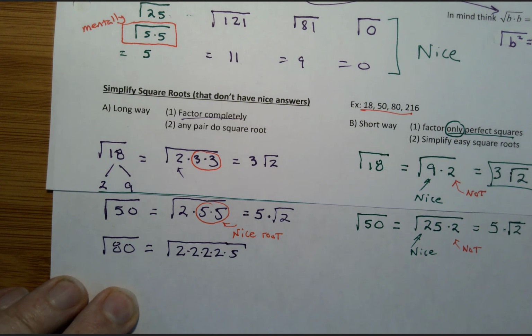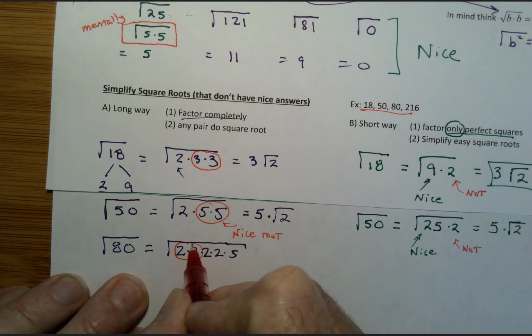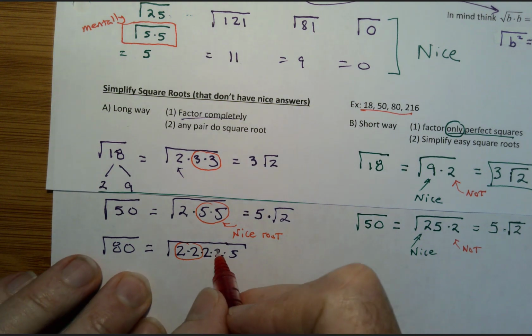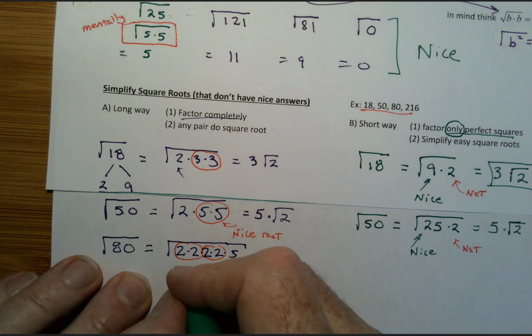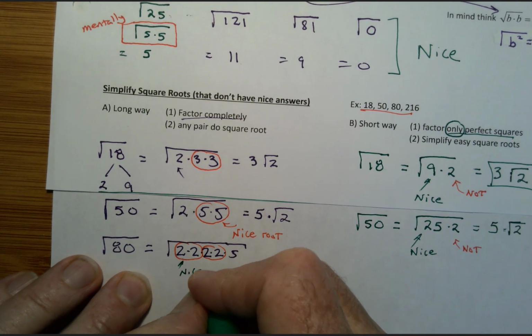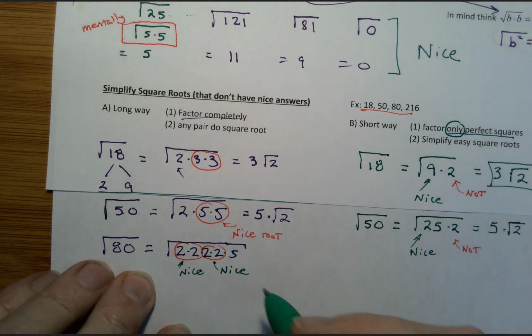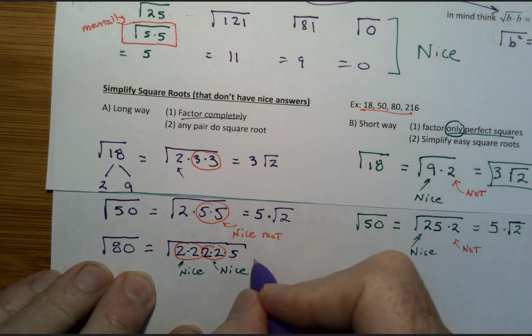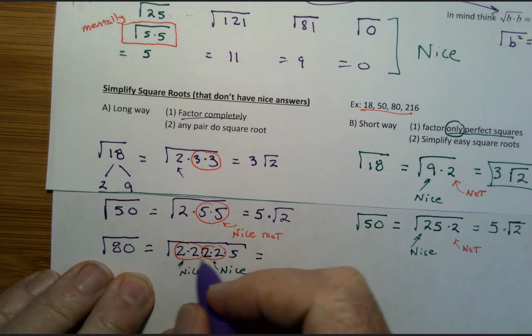Now, hey, if you have two factors of a number, the square root does that nice. But there is another pair. So the square root of this pair is nice, and the square root of that pair is nice. So this answer, the square root of this pair, square root of 2 times 2 is 4. The square root of 4 is just a whole number 2.